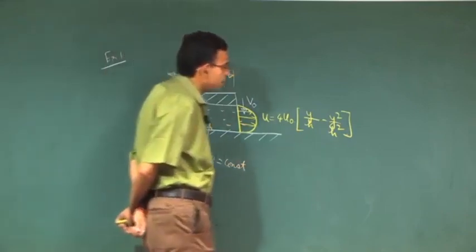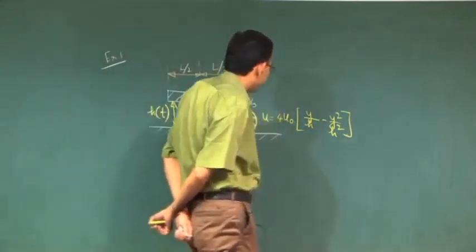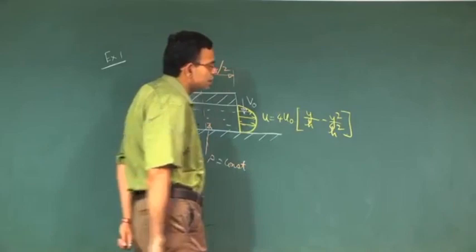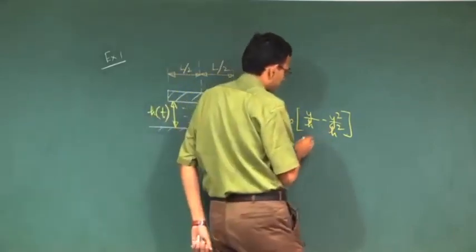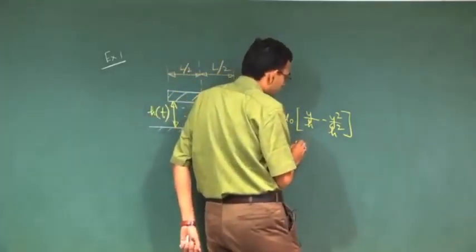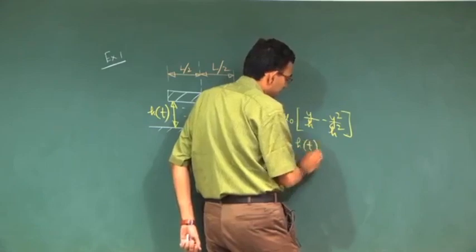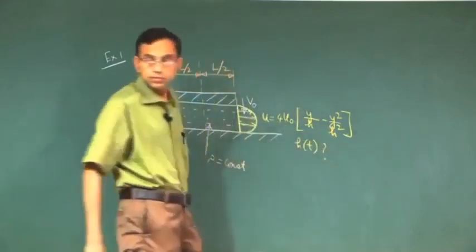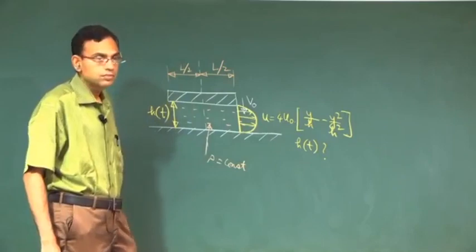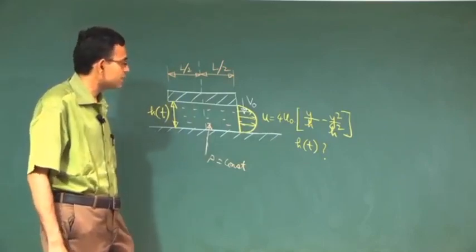So the objective is to find the relationship between h and time, that is h as a function of time. This is the first objective.